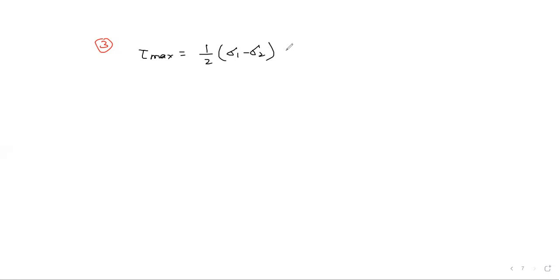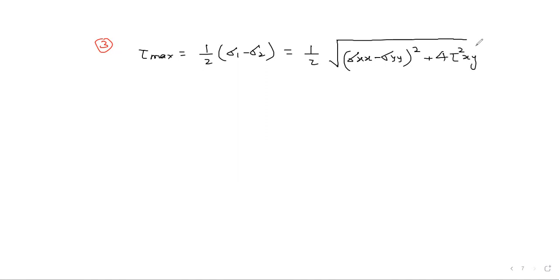Directly you can calculate from here, or else, if you have not calculated normal stresses, then half root under sigma xx minus sigma yy whole square plus 4 tau xy square.